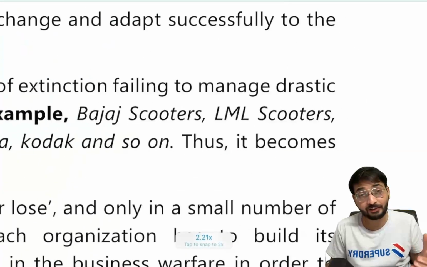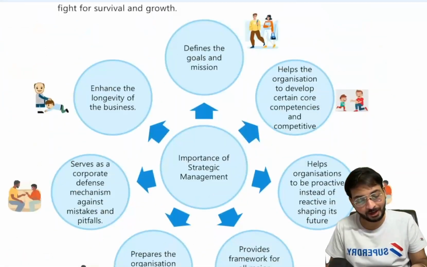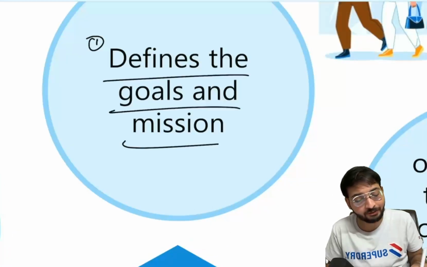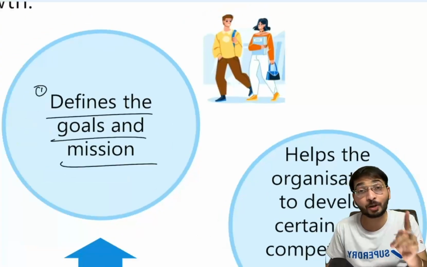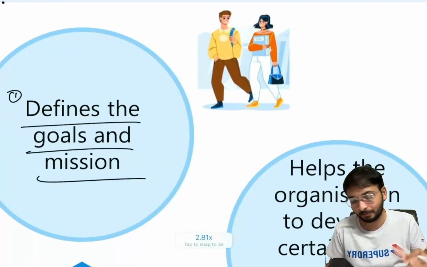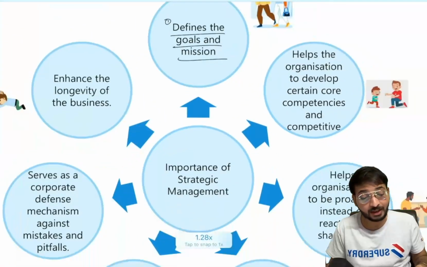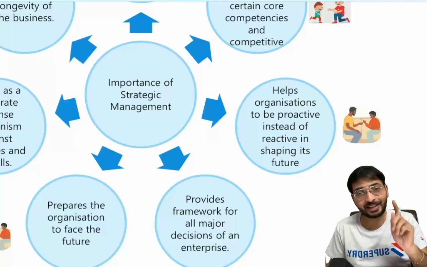Now, if I'm integrating this with the importance of strategic management, number one, the first thing is SM helps in defining the goals and mission of a company. That's the first one, and his goal is some girl. So the first step is defining the goals and mission. Second one, he immediately ran to the father. Why? Because his father knows all the plus and minus.